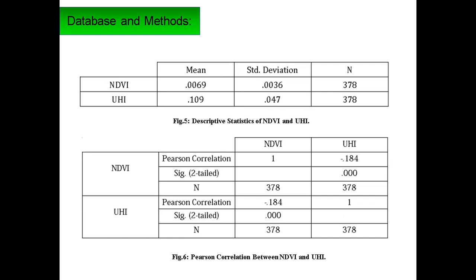We have means, standard deviations, and the numbers of these two indicators. The other one is the Pearson correlation coefficient, which is applied in SPSS to find the relationship between these two indicators. Pearson correlation coefficient is a measure of linear correlation between two sets of data. It's the ratio between the covariance of two variables and the product of their standard deviations.